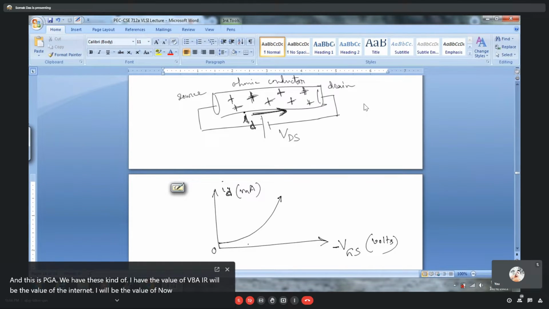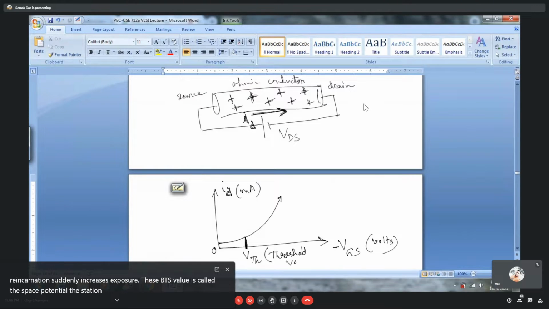Now we can see one thing, that there is a certain gate to source potential, a certain VGS value, above which the drain current increases exponentially. Above this value, the drain current suddenly increases exponentially. This VGS value is called the threshold potential or the threshold voltage.